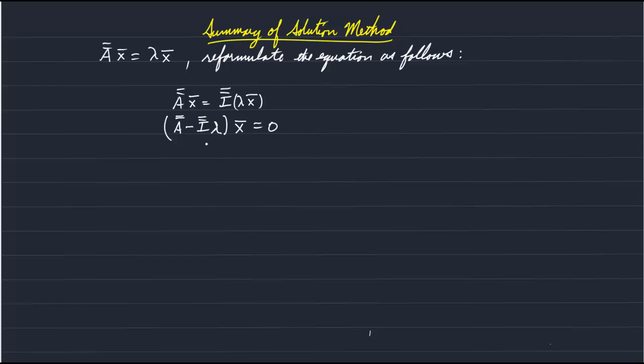And what we've created is a new matrix equation, where the new matrix, we'll just call that A prime, is equal to A minus I times lambda, where I is the identity matrix. So we're just going to subtract lambdas from the diagonal elements of A. And that gives this new matrix A prime. And the new equation is A prime x is equal to 0.